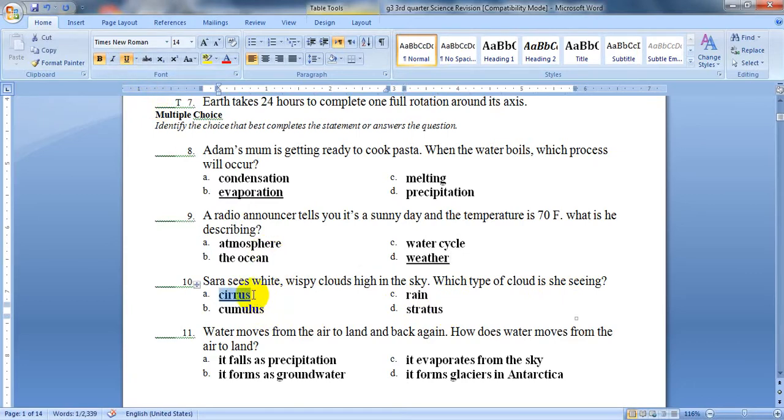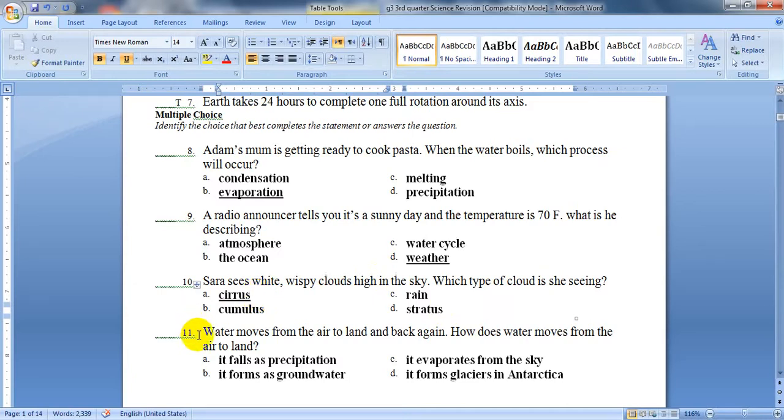Why did we choose this one? Because we said that cumulus clouds are white and puffy like a piece of cotton, while stratus clouds look like a flat gray blanket in the sky. It's getting dark. But the cirrus clouds are white and wispy, or even feathery. So the best choice here is letter A.